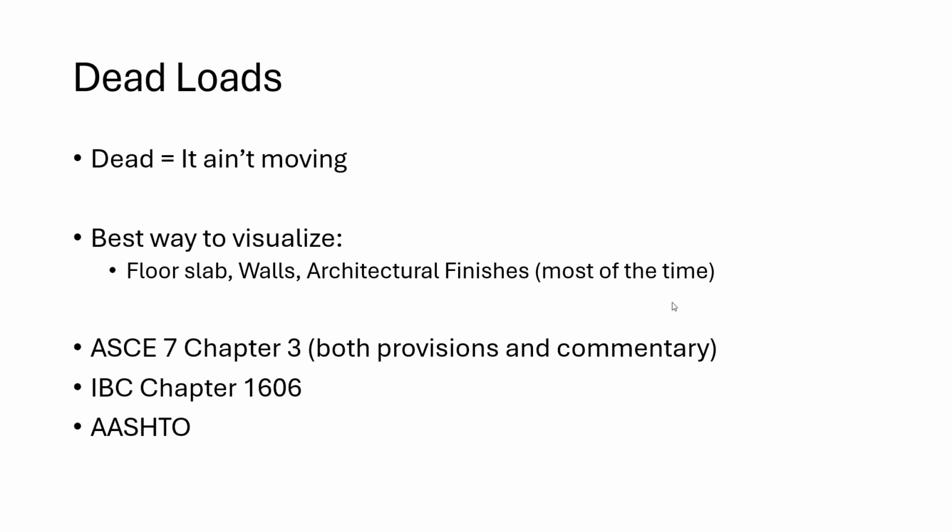There are 2 books, the provisions and the commentary. The provisions tell you what to do with the dead load, and the commentary gives you a table of common dead loads, which is pretty convenient when you want to ask, how much do I need to take into account for MEP overhead to design this beam?